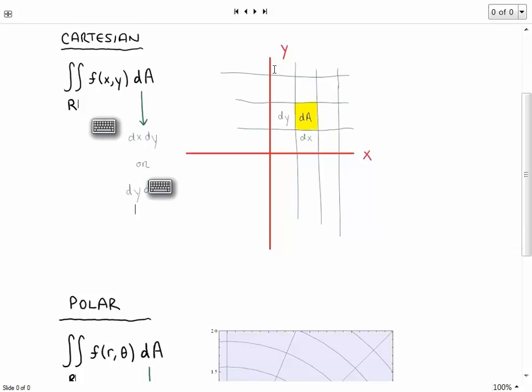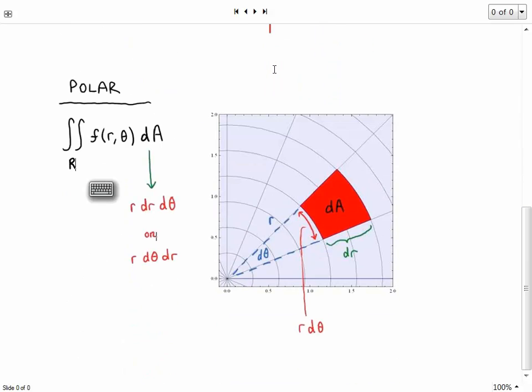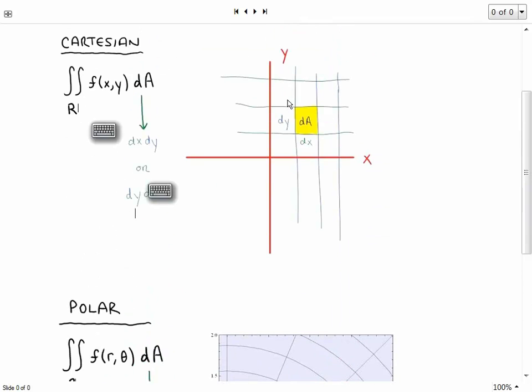So did I pass it up? There it is. Now, this is what I'm saying is important. Do you agree that all these little pieces here are all polar rectangles? So this is exactly the same as this picture here.